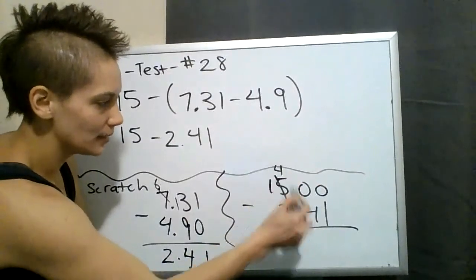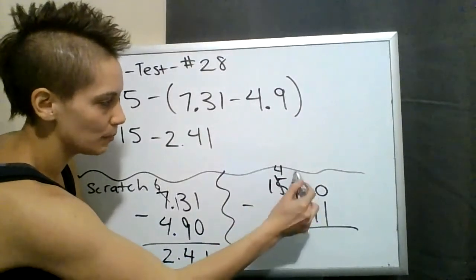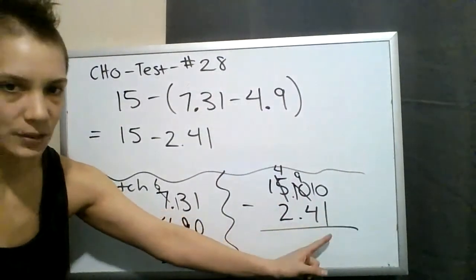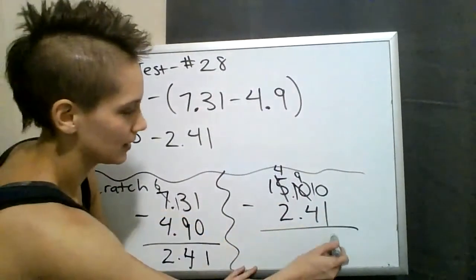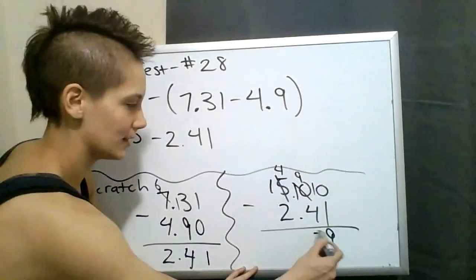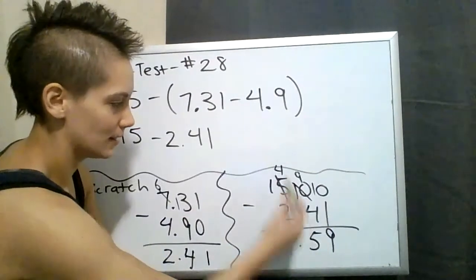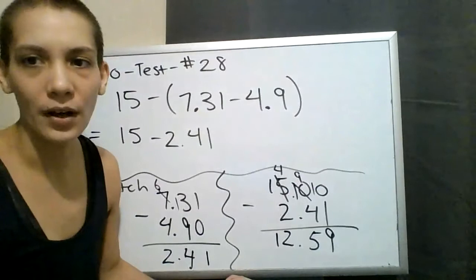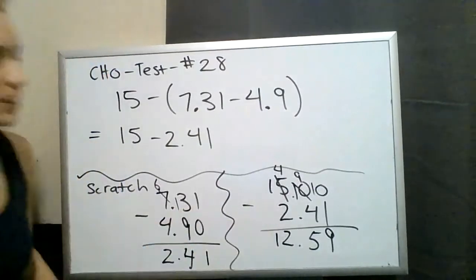Borrow from here, put that there. You need to still borrow and get over there, where I have 10 minus 1 is 9. 9 minus 4. Point. Okay, that's cool. I got 12.59.